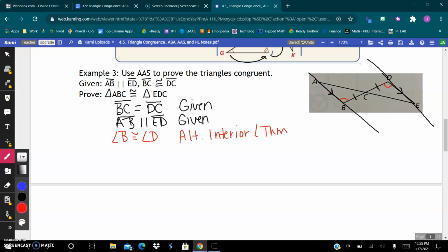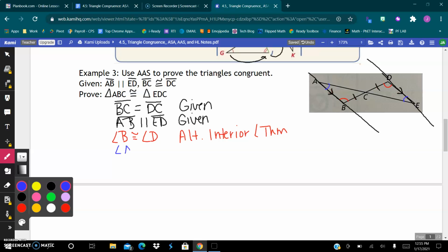That was a theorem. And then we can also say angle A and angle E are congruent because they're also alternate interior. They're on a different transversal that's cutting through those parallel lines, but they're still on opposite sides of the transversal and on the inside of our parallel lines.